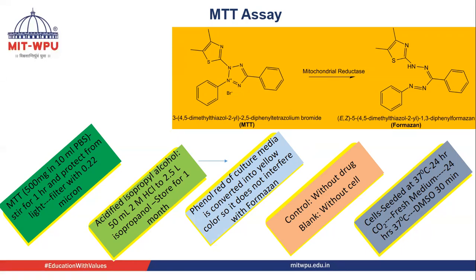After that, we transfer the cells to fresh medium and add MTT. MTT can be used at 0.2 to 0.5 milligram, and we keep it for 24 hours at 37 degrees Celsius. Then after 24 hours, we add DMSO or acidified isopropyl alcohol for 30 minutes, then remove the acidified isopropyl alcohol or DMSO, and subject it to analysis at 500 to 600 nanometer.